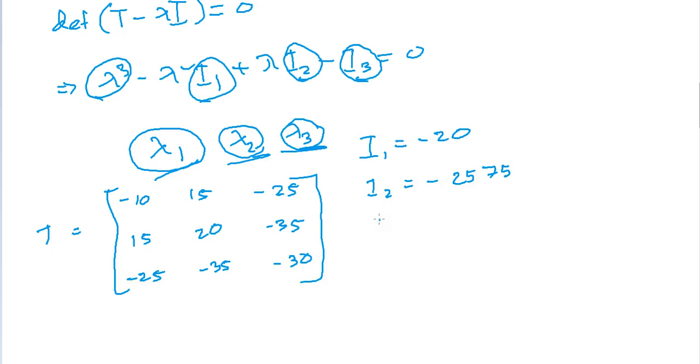2575, and the third invariant is the determinant, 38750. So from the invariants we can find alpha 1, alpha 2 and alpha 3.